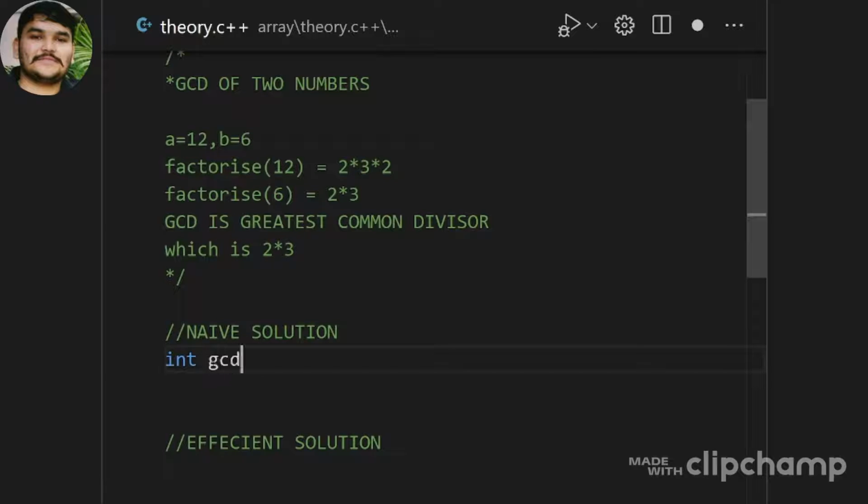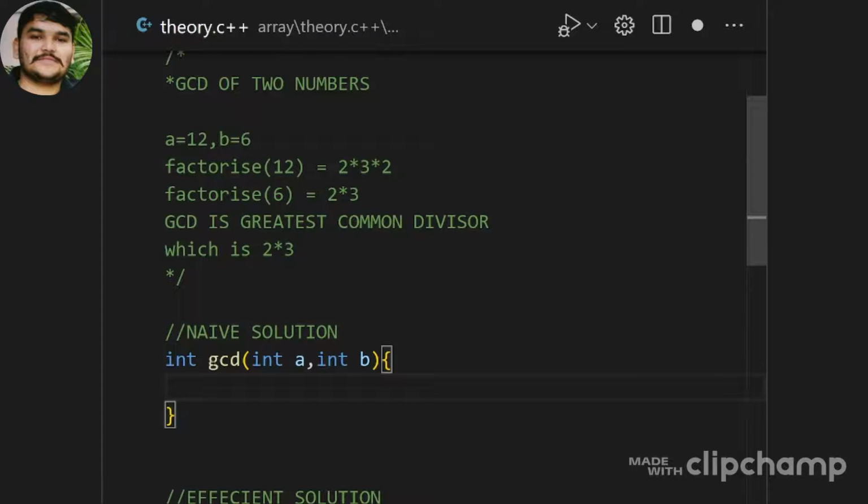So int GCD, here we take two numbers, int a, int b. The first thing we should do is store the minimum number between a and b. Why minimum, not maximum? Because the GCD definition itself says the greatest common divisor, so the divisor is the number which can divide both the numbers, and it can be at most the minimum value.